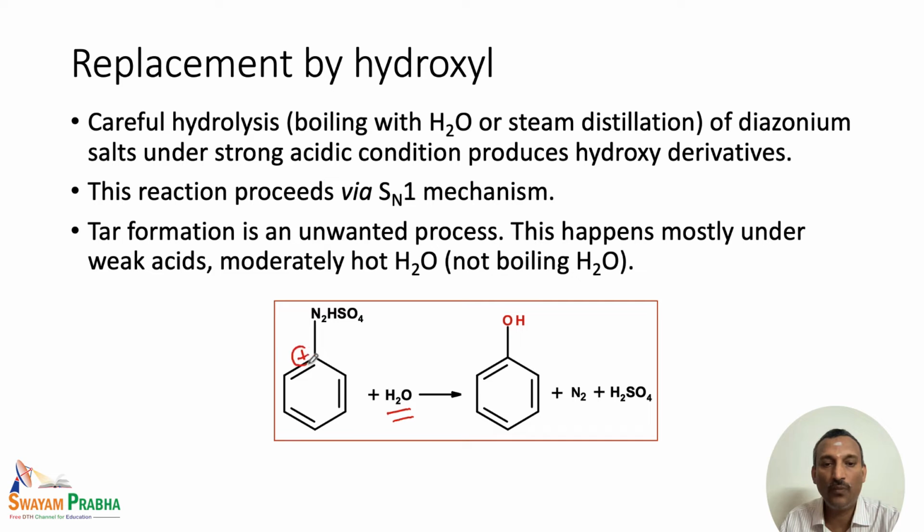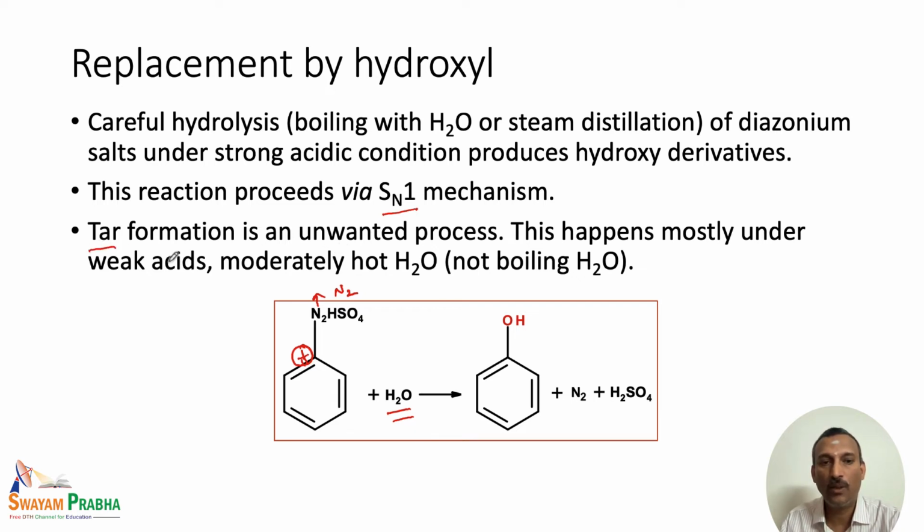So we have a phenyl cation which is formed in this particular system, because nitrogen is lost as nitrogen gas, and this phenyl cation undergoes SN1 type reaction to give the phenolic derivative. Of course, if the reaction is not carried out carefully, we end up with tar formation.